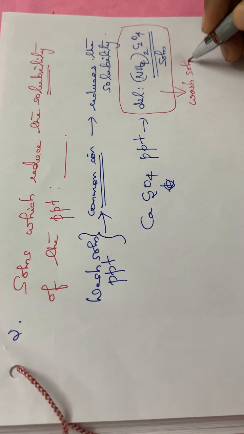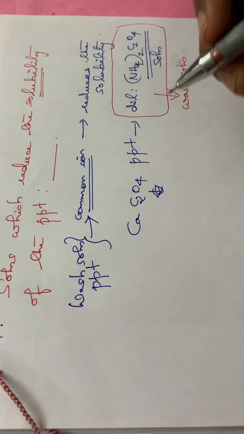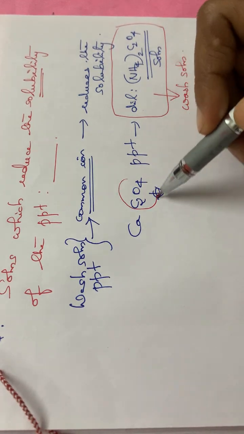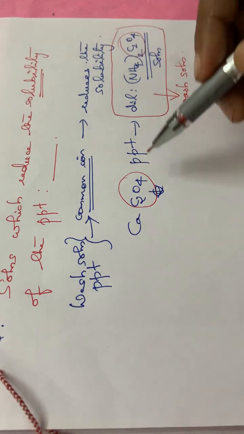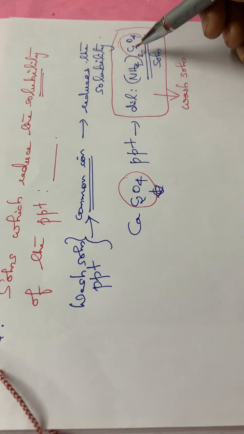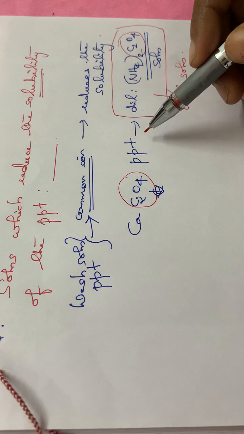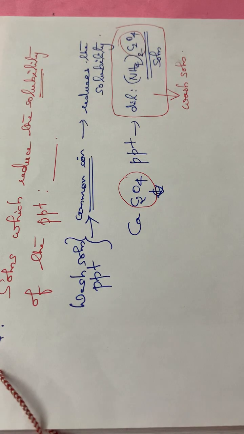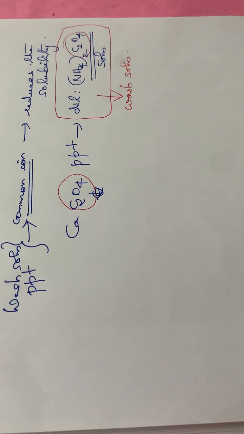See here, in both the cases, which one is the common ion present? Oxalate is the common anion present. So what happens is that due to the presence of this oxalate ion, it decreases the solubility. Okay, so this is the second category, solutions which reduce the solubility of the precipitate.